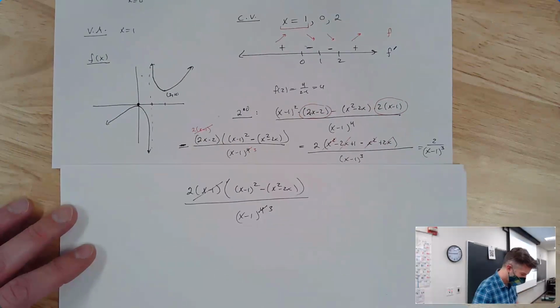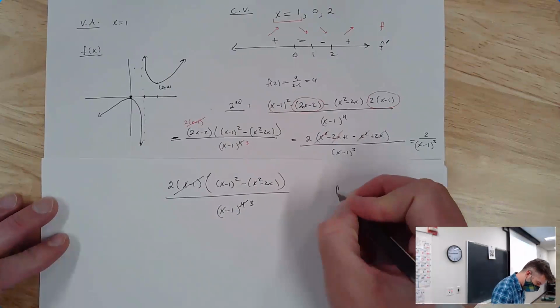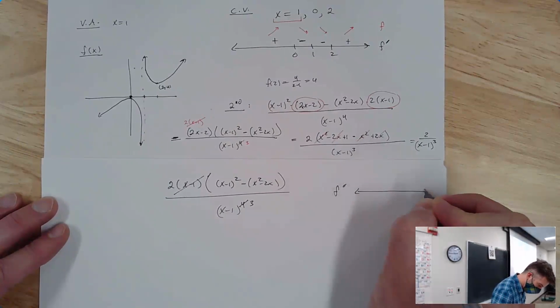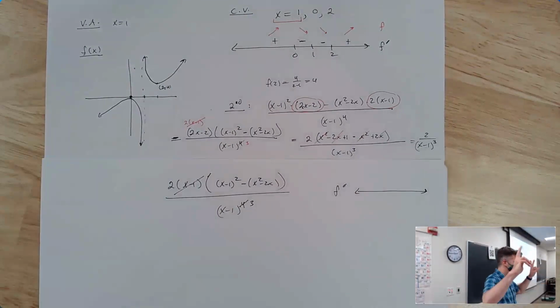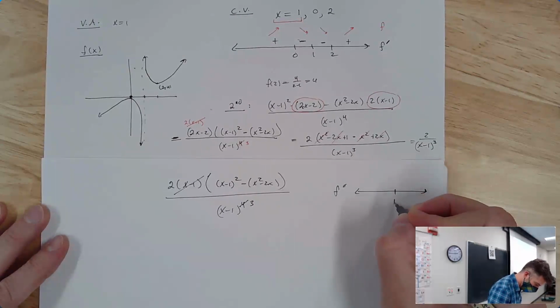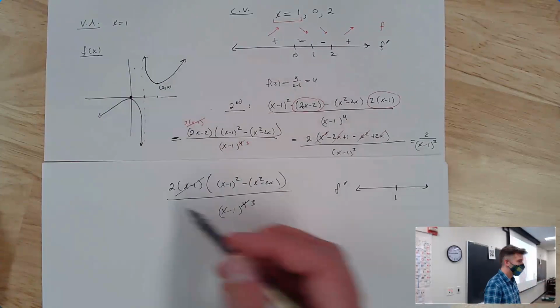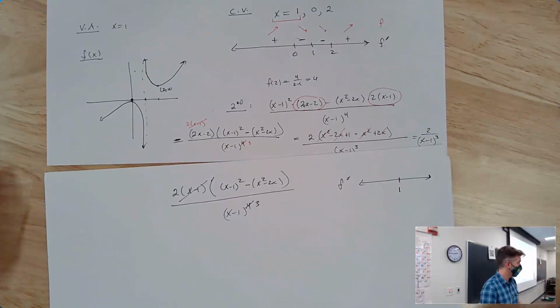So if we want to talk about second derivative stuff here, the only critical point is x equal to 1. So that's the only place where the second derivative is either undefined or equal to 0. Now we know it's not an inflection point because we have a vertical asymptote there.